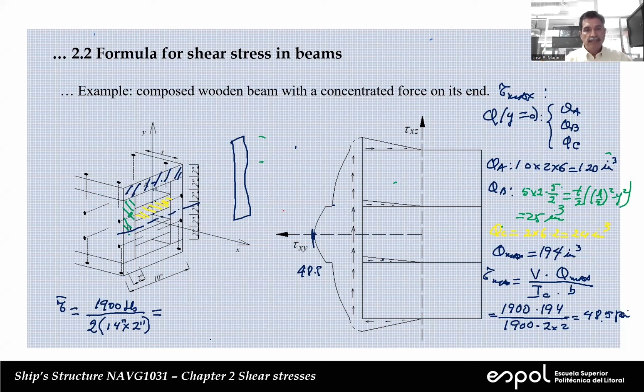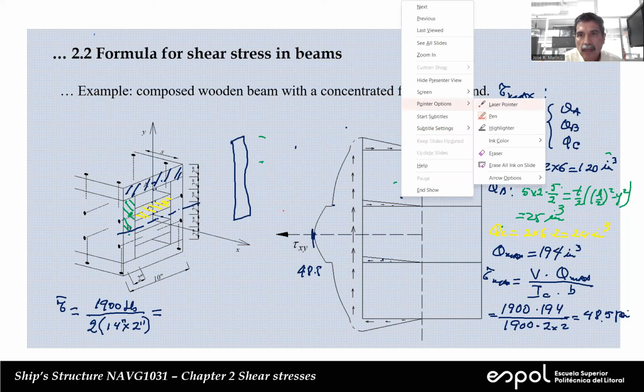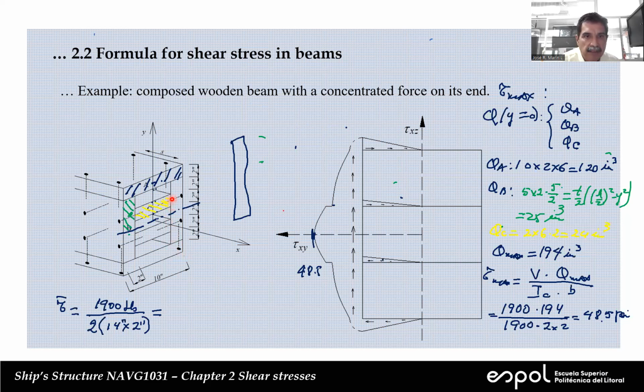Can you help me with this? Doctor, why is it 14? The total height. I don't want to draw here because we already have a complex figure. All of this develops shear stress.